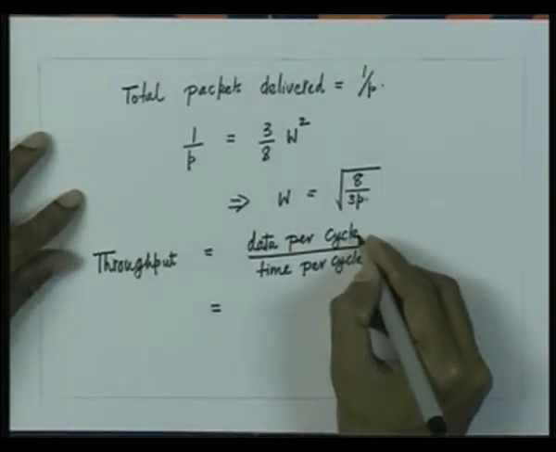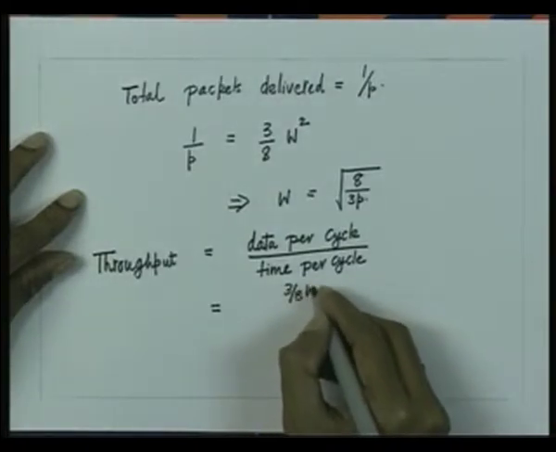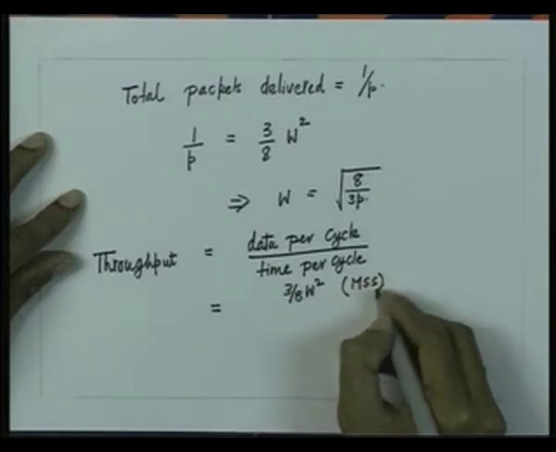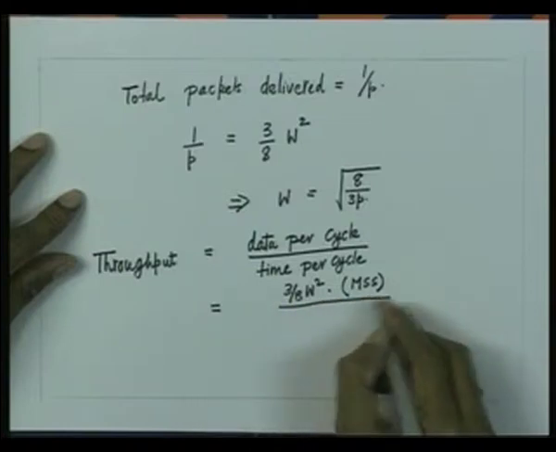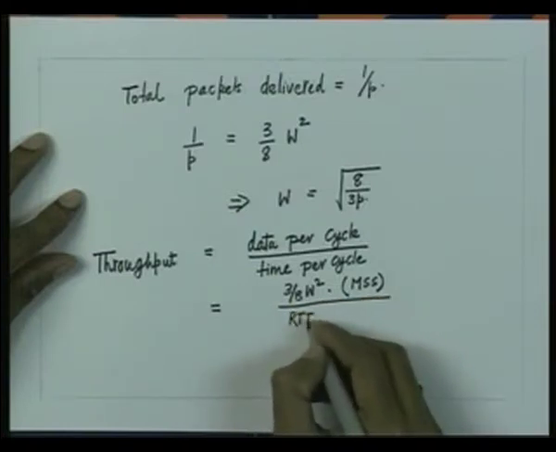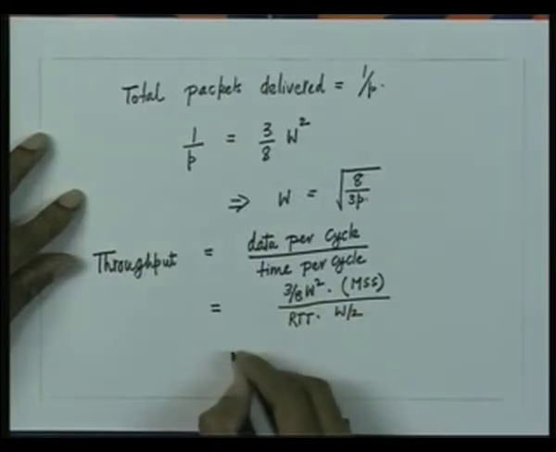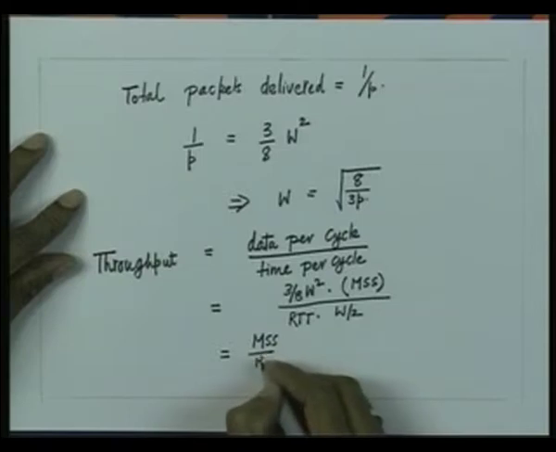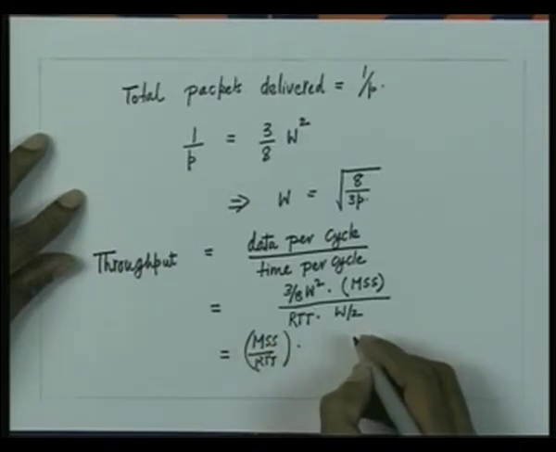Now note that the total data delivered is, as we have determined, 3 by 8 W square. I will multiply this by the maximum segment size to know the data delivered in terms of bytes. And the time per cycle, in terms of seconds, is RTT times W by 2, which gives maximum segment size divided by RTT.